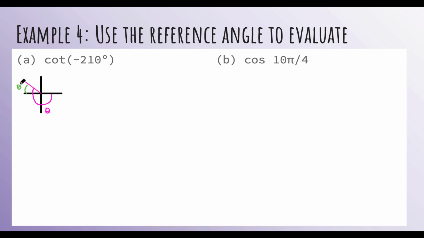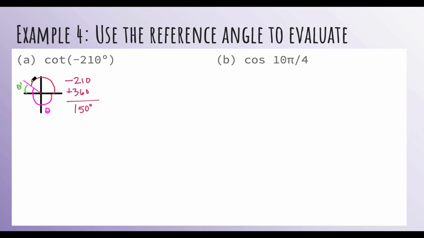In order to find the measure for theta prime, I'm going to look at a positive coterminal angle to negative 210. How can I get a positive coterminal angle to negative 210? That's right, we're going to add 360 degrees, and we end up with 150 degrees as a positive coterminal angle.